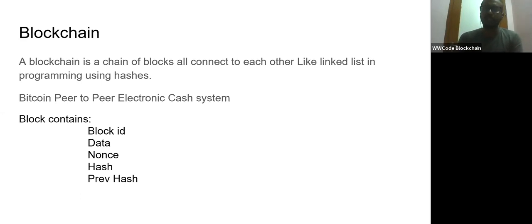In case you have 100 rupees, you send it to one person, and again you try to send it to another person.